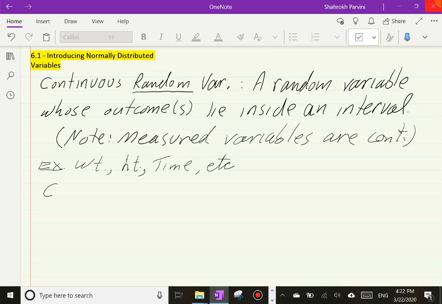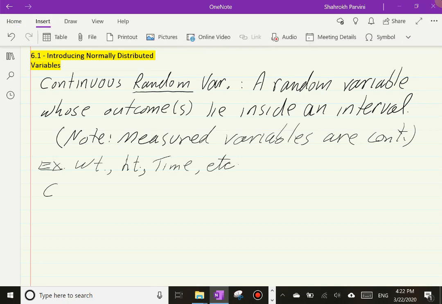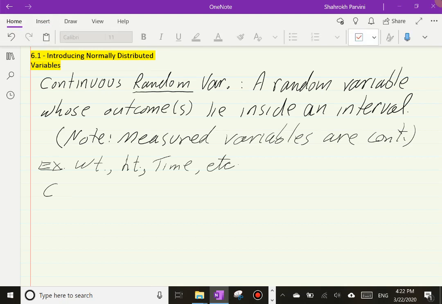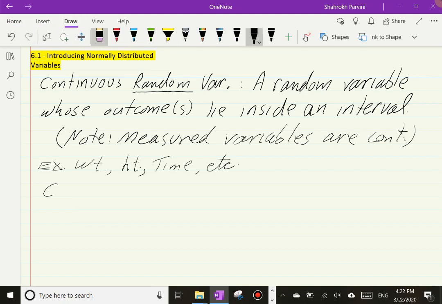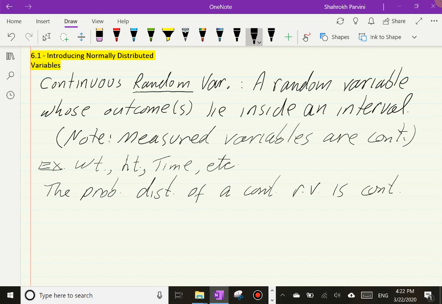So, let me go to home and actually get my eraser and erase this one, and let's do this. So the probability distribution of a continuous random variable is continuous.